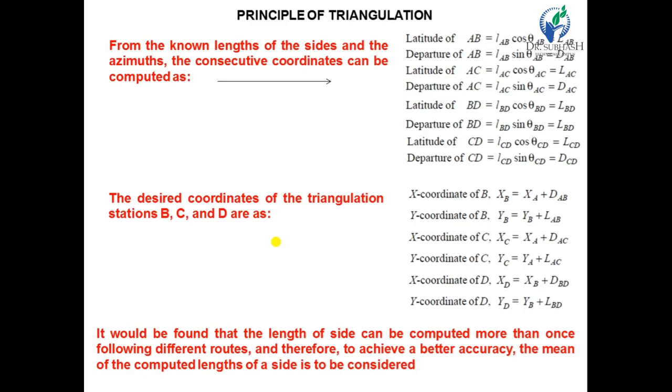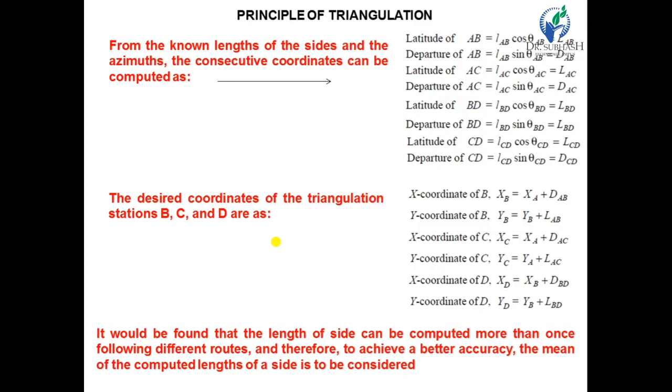From the ground length of a side and the azimuth, the consecutive coordinates can also be computed. The latitude of AB is equal to LAB cos theta, which is the common formula for calculation of latitudes. The departure is L sin theta, the common formula for calculation of departures, so the departure of AB is equal to LAB sin theta AB.